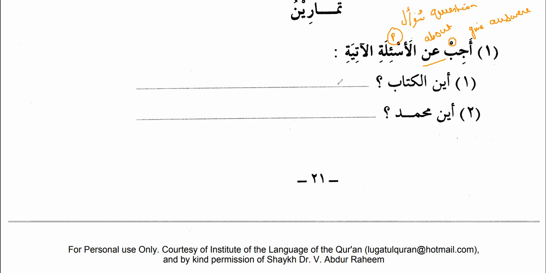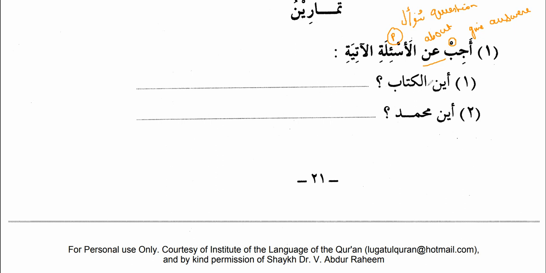Aina al-kitab, you can give any random answer. If you can construct an Arabic sentence, we can try some quick and easy Arabic sentences here. Aina al-kitab. Kitab is an object. An object or book can be on the table.